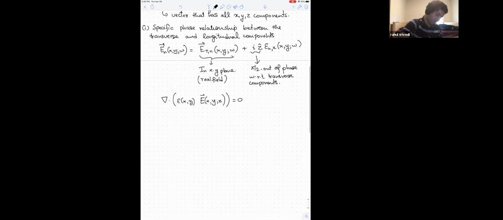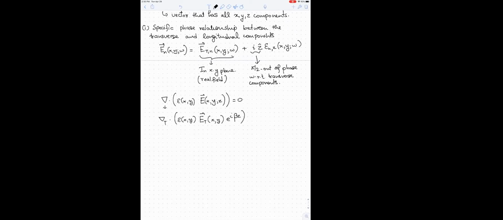Now your divergence condition you can write as the transverse divergence operator applied on the transverse electric field, right? And the z variation is simply exponential i beta z, right? Plus z hat times del by del z applied on z hat times the z component.